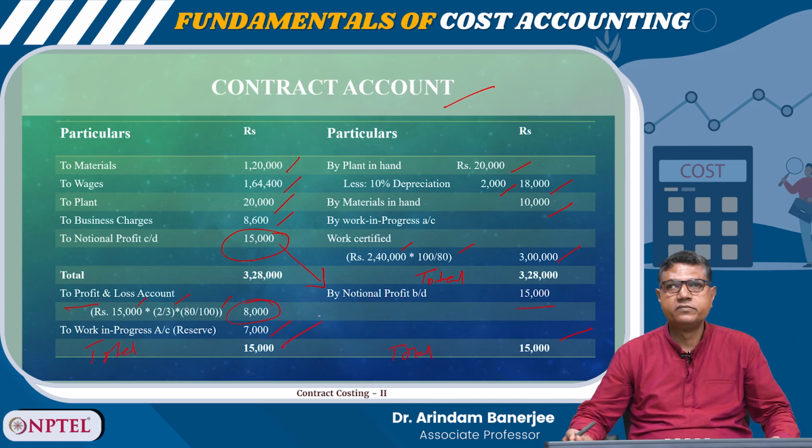Fine. Okay. We will look into another illustration, illustration 5, right? Illustration 5 shows Surya Construction Limited with a paid up share capital of 50 lakhs, which undertook a contract to construct MIG apartments. The work commenced on 1st April 2023.